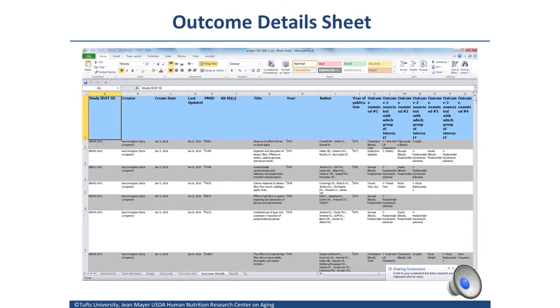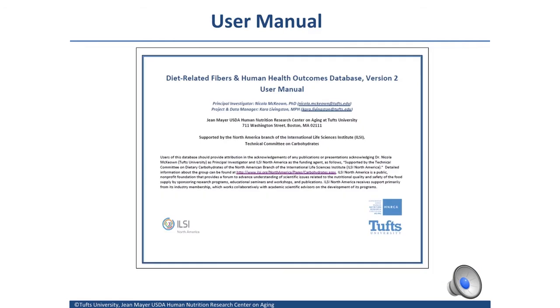The outcome sheet captures detailed information on up to 8 study outcomes, and for a comprehensive list of all the outcome variables and valid responses, as well as information on how outcome data was prioritized for entry, please see the user manual. Now that I've mentioned the user manual several times already, I just wanted to show it to you here.